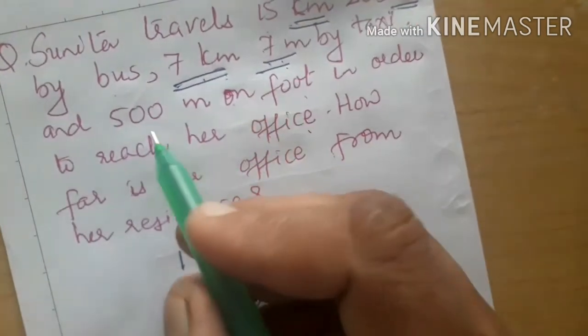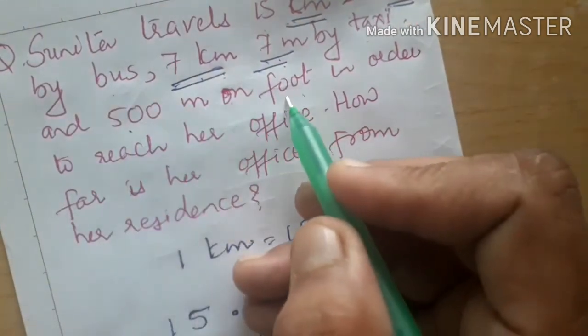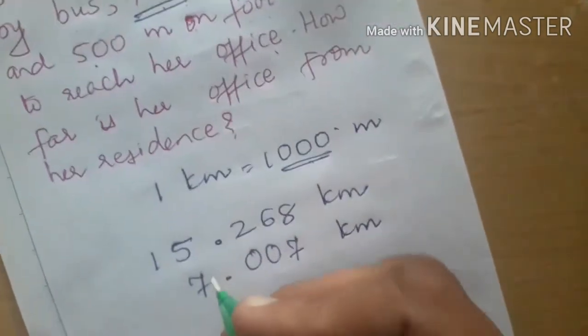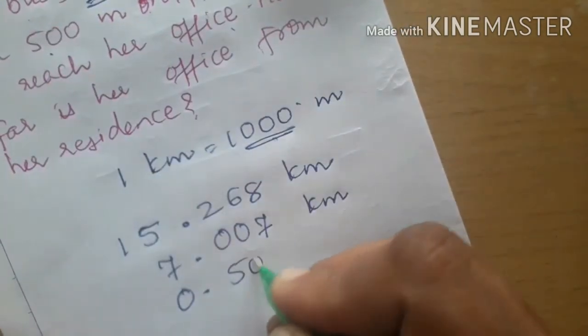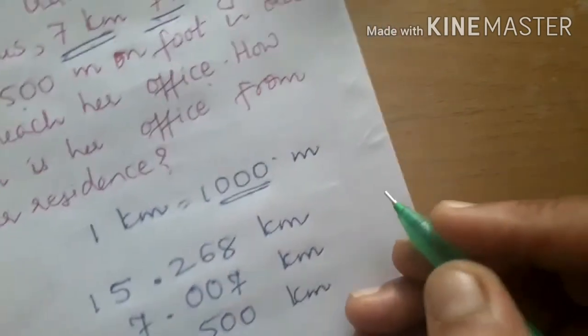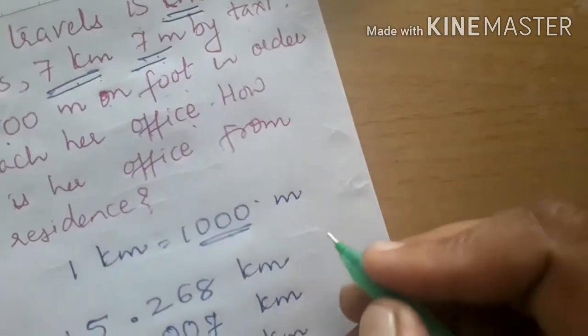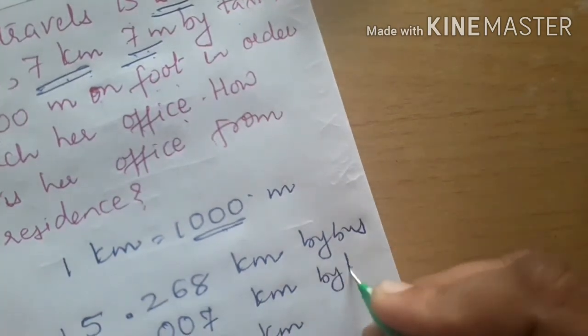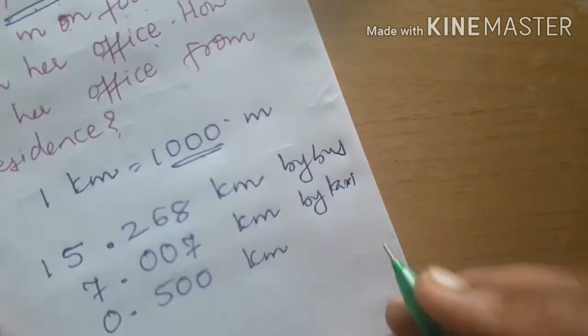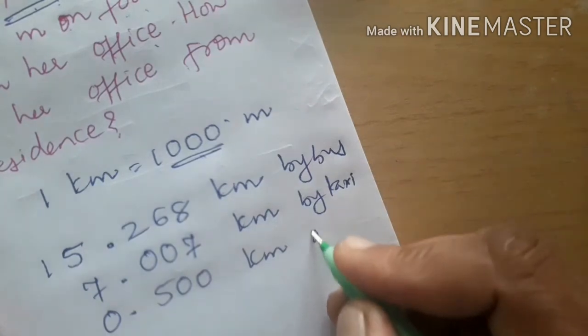Now the third part is 500 meter on foot, no kilometers. That is here 0 point, and 500, that is here I will write 500 kilometer. This is by bus. Okay, this is by taxi, and the other is on foot.